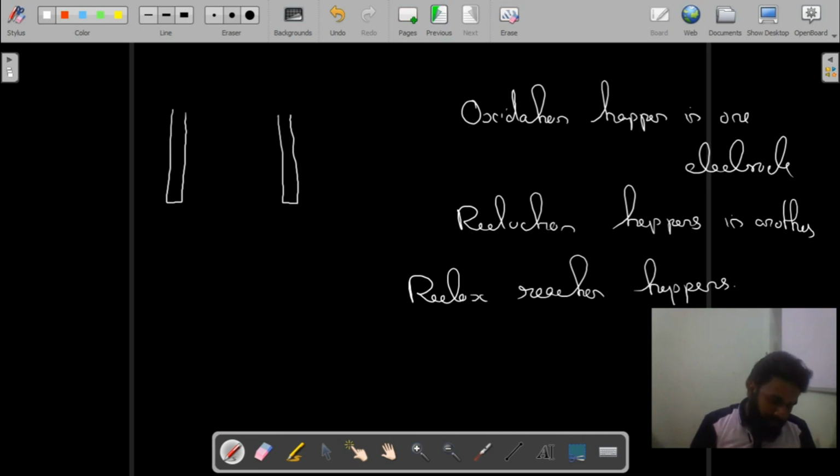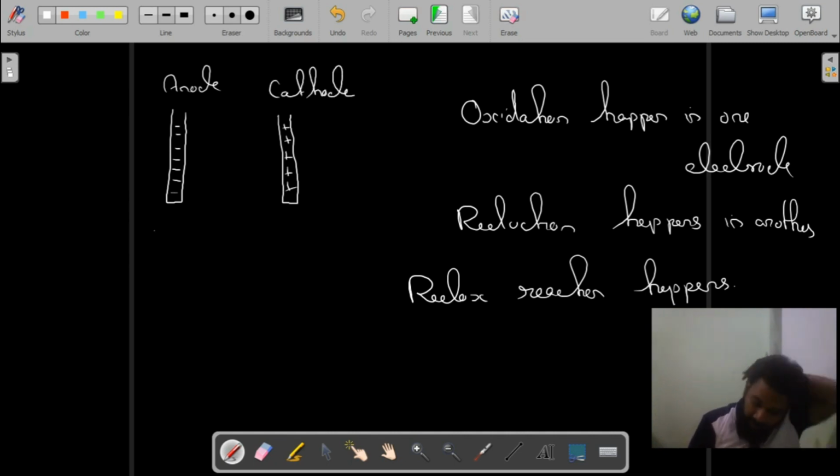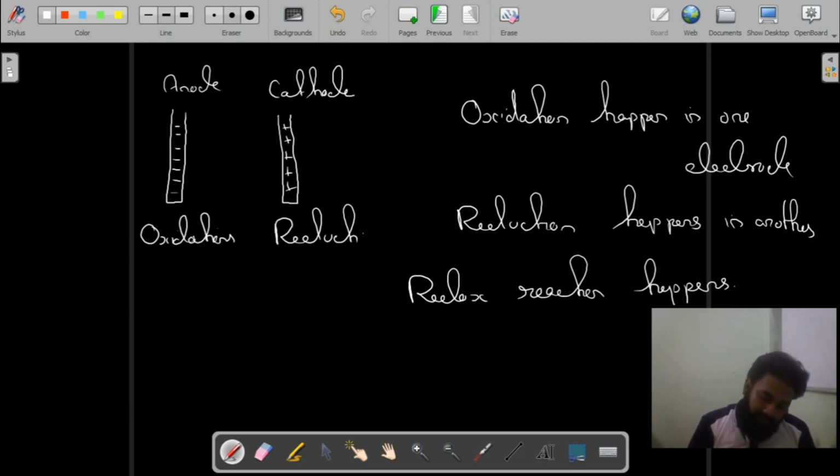Both of them put together, a redox reaction is what is happening. So in one electrode, negative charges will be accumulated and in the other electrode, positive charges will be accumulated. Where negative charges are accumulated, it is called the anode, and where positive charges are accumulated, that is called the cathode. Oxidation happens in the anode and reduction happens in the cathode.